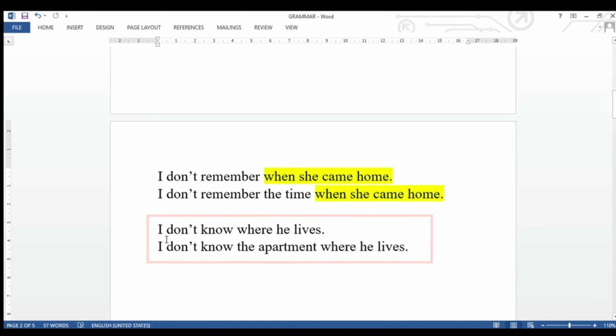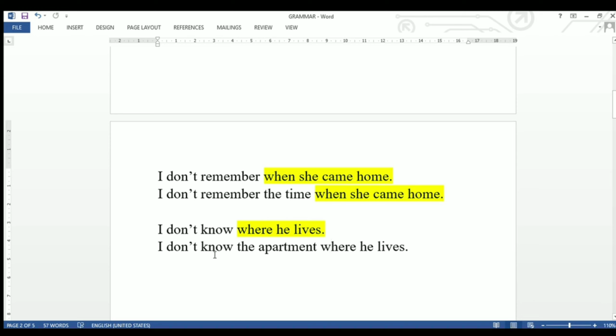I don't know where he lives. I is the subject, know is the verb, where he lives is the object. That's right. The object of the verb know. And the other sentence, I don't know the apartment where he lives.